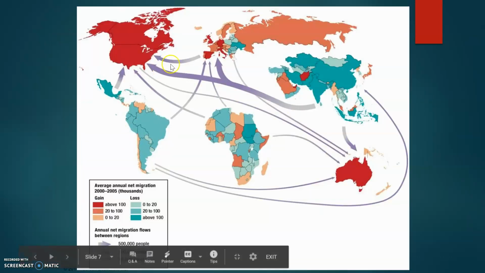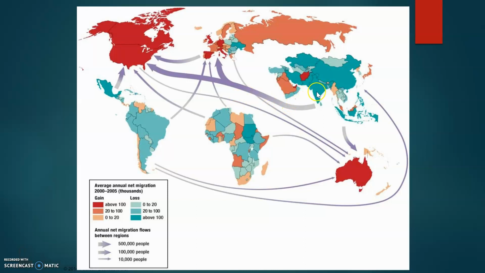Some of the major waves of migration that we see, and you can see them with the arrows, is going to be from LDCs to MDCs, from Asia to the United States, from Latin America to North America. And then we even see from Europe to North America. But look at some of the other major ones: Asia to Europe, Africa to Europe.